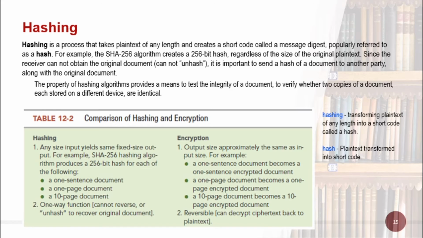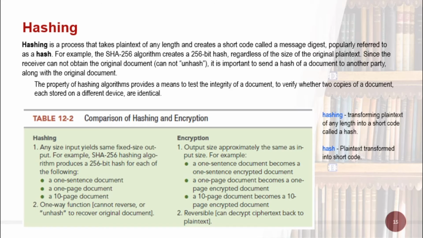What does it mean? Maybe we have to see table 12.2 first. This is the comparison between hashing and encryption. With encryption, the output size is approximately the same as the input size. So if you send a one-sentence document, it will be encrypted to ciphertext and then decrypted again to plain text.